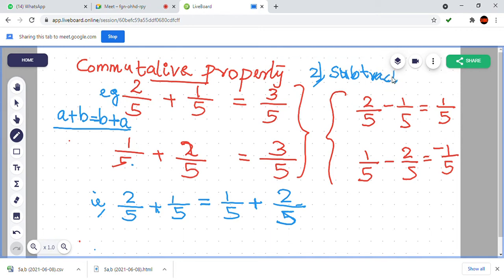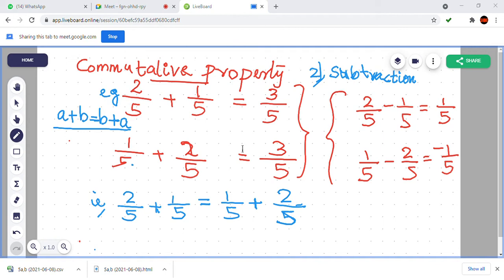We have already seen this subtraction. In case of subtraction, this commutative property is not true. So the same you can copy from your textbook. You write only this much: subtraction is not commutative for rational numbers.